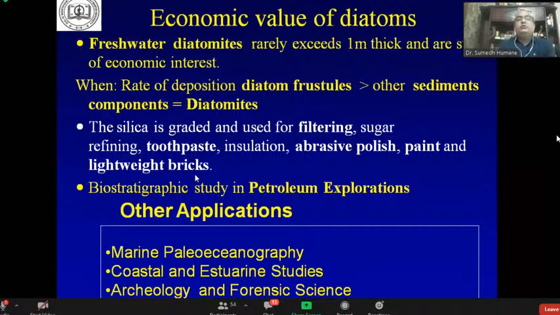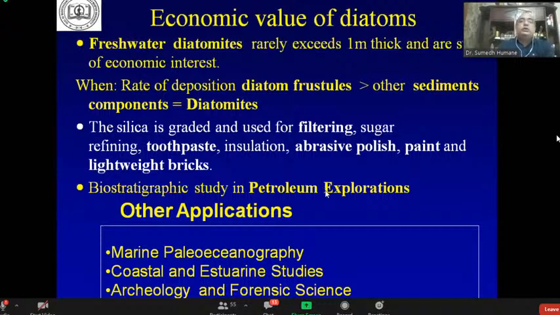The diatoms have uses in biostratigraphy and petroleum exploration, mostly the Cenozoic diatoms. Diatoms are generally recorded from the Mesozoic onwards, so their use is commonly found with Cenozoic diatoms in petroleum exploration.